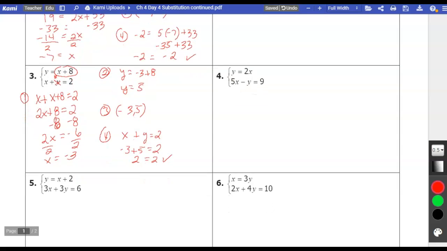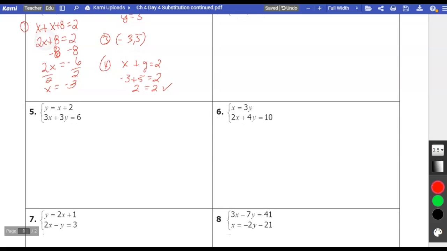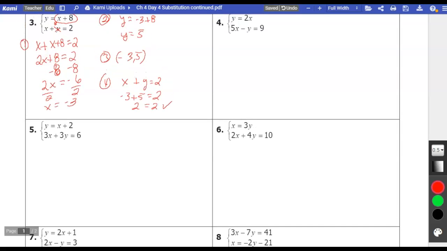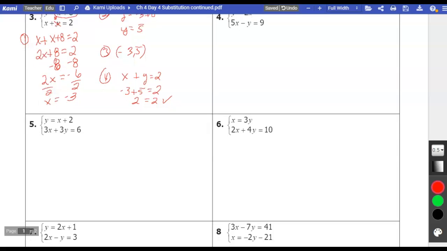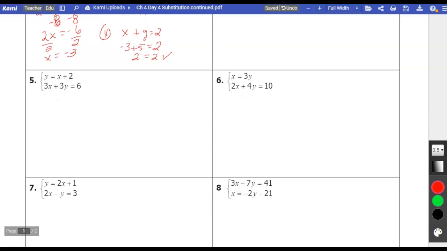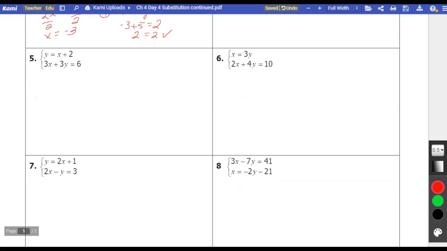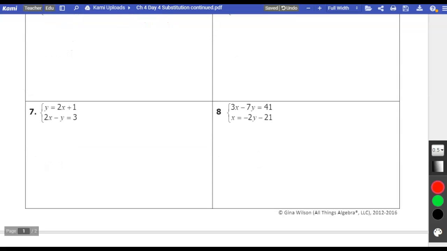I'm going to jump down here and do the last one, because it looks a little trickier. So this goes in here and replaces the x, because that'll let me substitute, because these two things are equal.